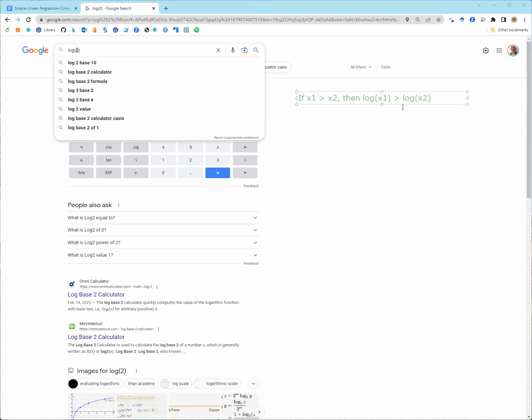And this is what we call a monotone function. It preserves ordering of the relationship here, and so that's why it makes it an okay transformation to use of the response variable for regression. You could also use the square root transformation. Sometimes people do that, but the log I think is more popular because it has some nice statistical properties to it.